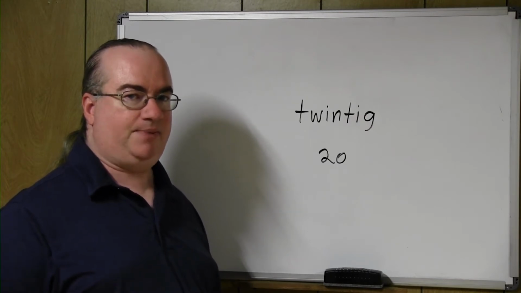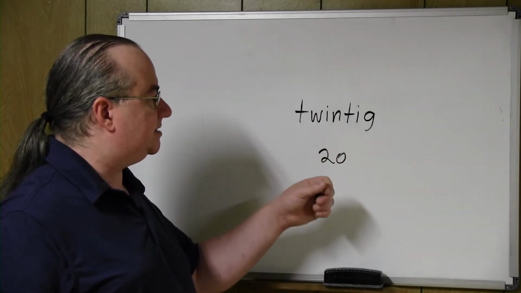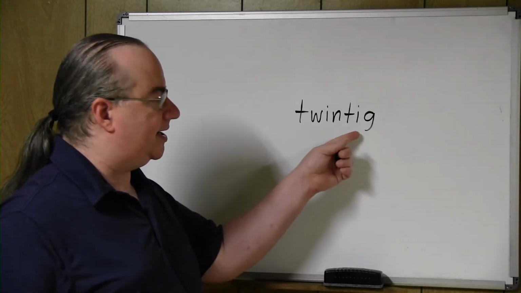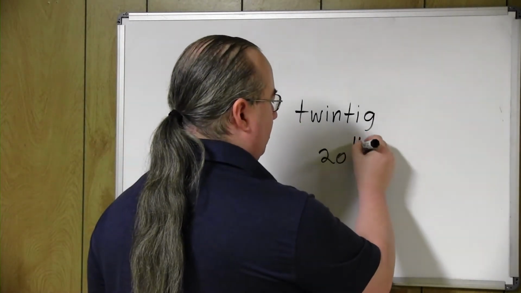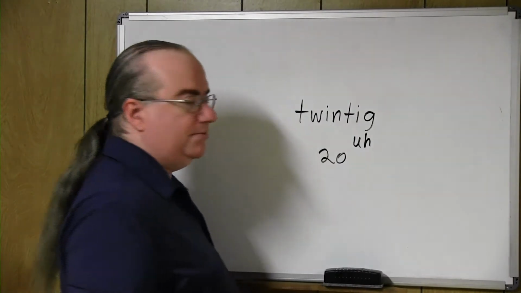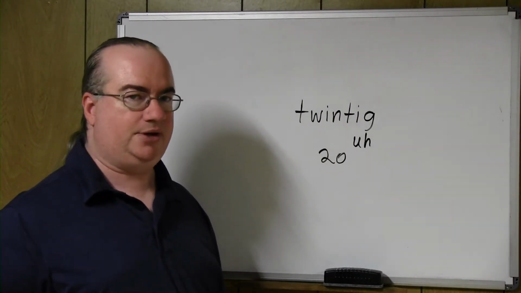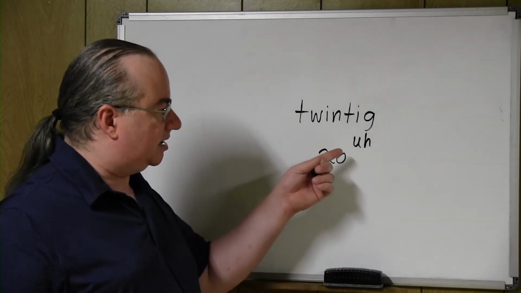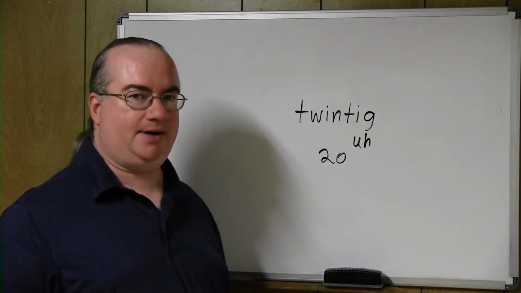It follows the same pattern. Here we see twintig, 20. The IG here is pronounced like a schwa sound, like a UH. But remember the G is pronounced with that little bit of a coarse sound. Most of the numbers from here on out have an IG ending.